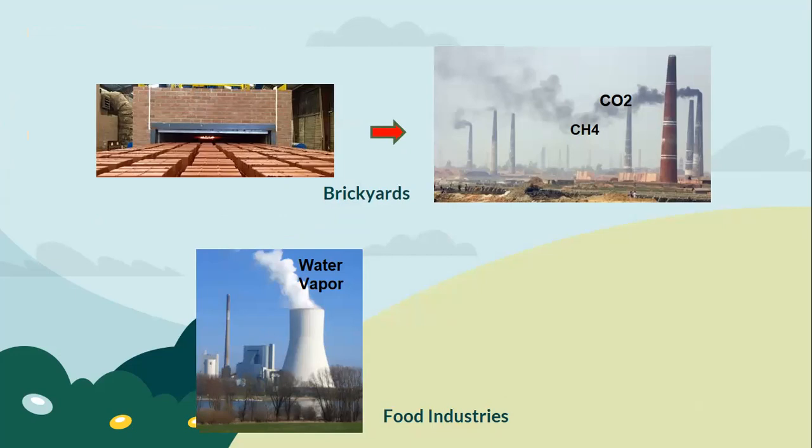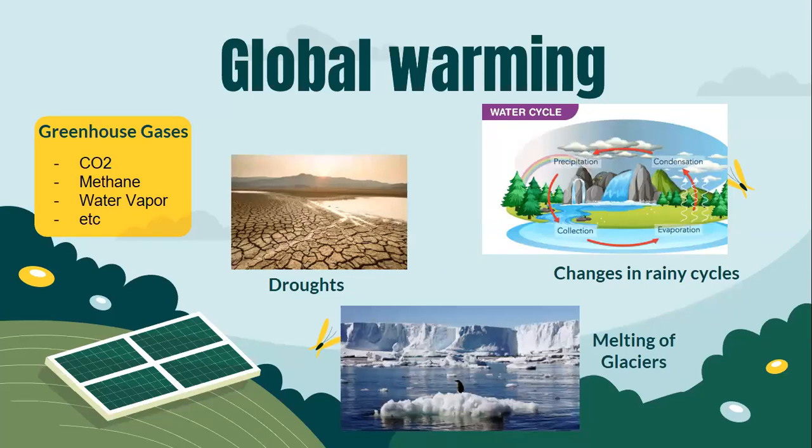Another example is food industries that use water vapor, and these gases are greenhouse gases that contribute to global warming, causing droughts, changes in rainy cycles, and the melting of glaciers, among others.